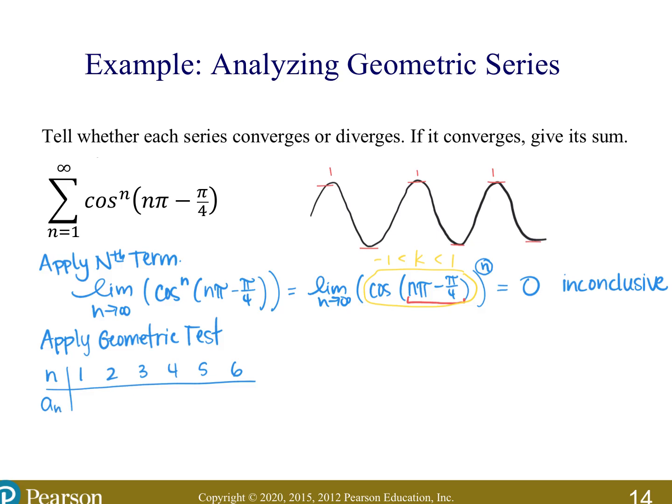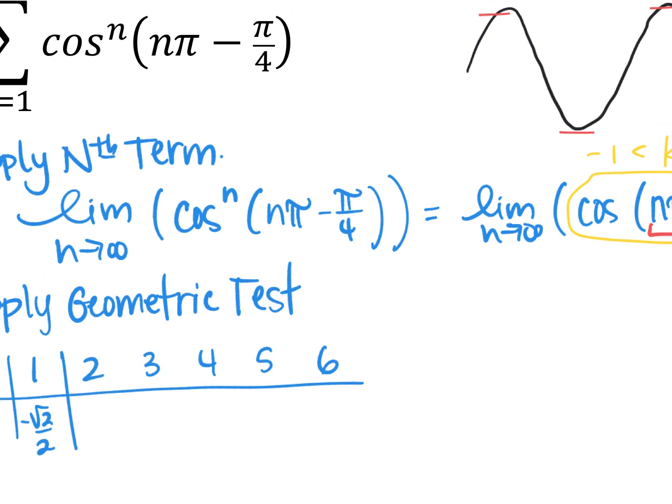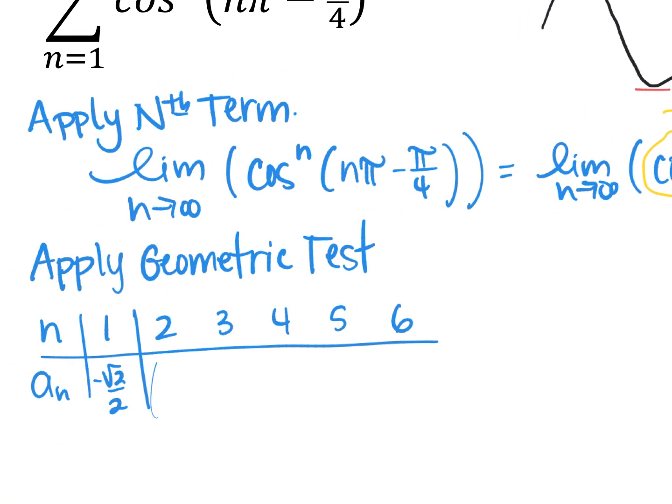Well, if you plug in 1 in for n, your result is going to be negative rad 2 over 2. If you plug in 2 for n, your result is going to be negative rad 2 over 2 quantity squared. If you plug in 3, it's going to be negative rad 2 over 2 cubed.